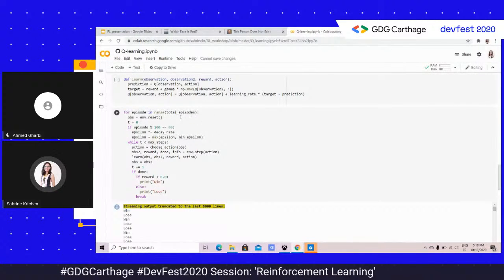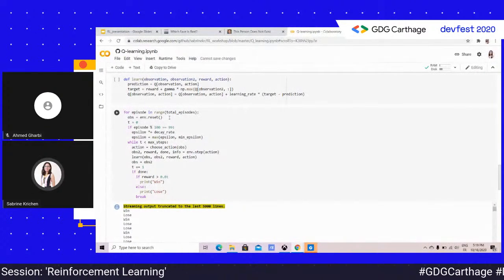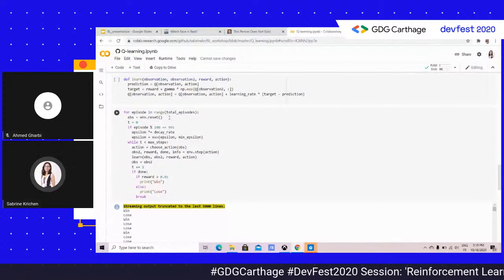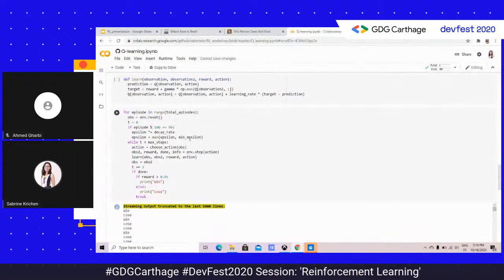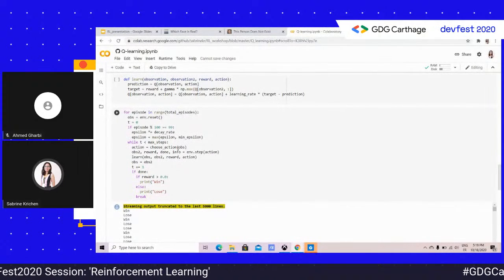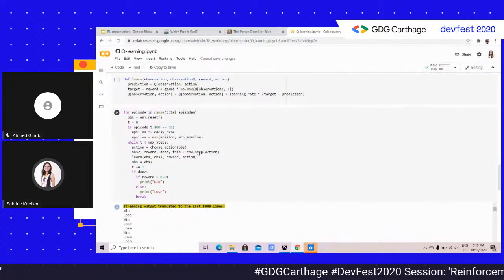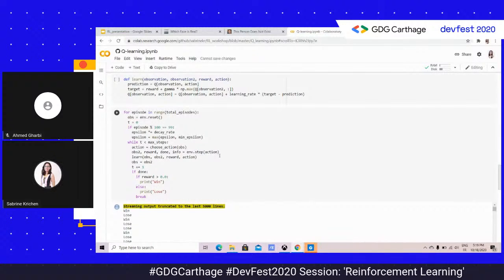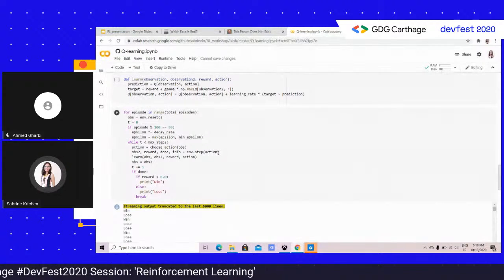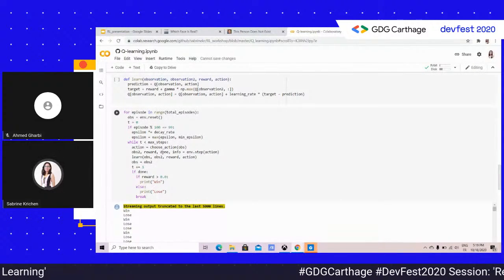Of course here env.reset will give us the initial state for the environment, and then for each step, the agent will choose which action he's going to perform. Then he will send this action to the gym environment, and this gym environment will send him back the new state, the reward, and whether it is done or not.